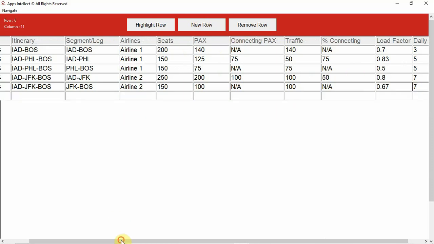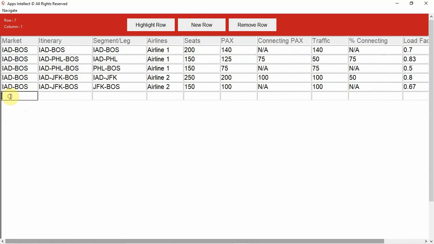Now we'll have another route, Washington to Boston, but this is Airline 2 flying. It has an aircraft with 100 seats, and the number of passengers is 80.